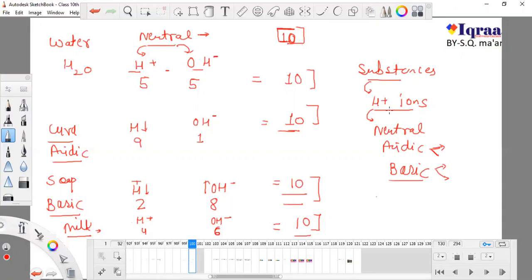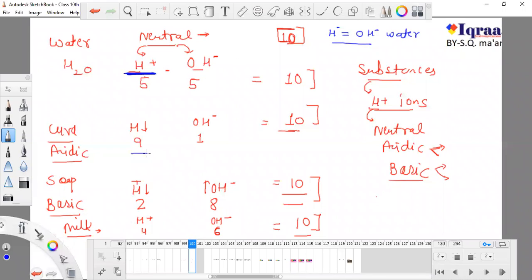So each time, I will say that the power of H plus ion and the power of OH minus ion are equal in the case of water, because both of them are equal.